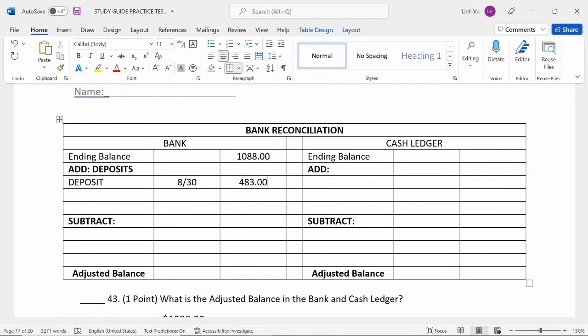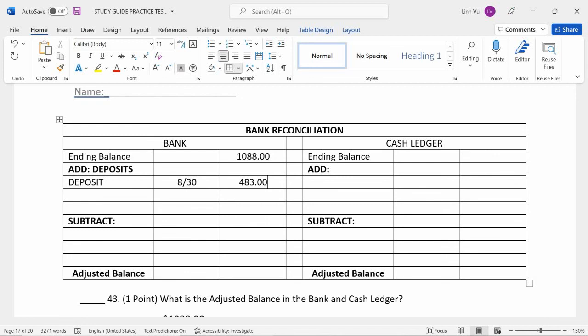What do you need to subtract from your bank? What does the bank not know that you know? Like if you write checks that haven't been cashed yet.